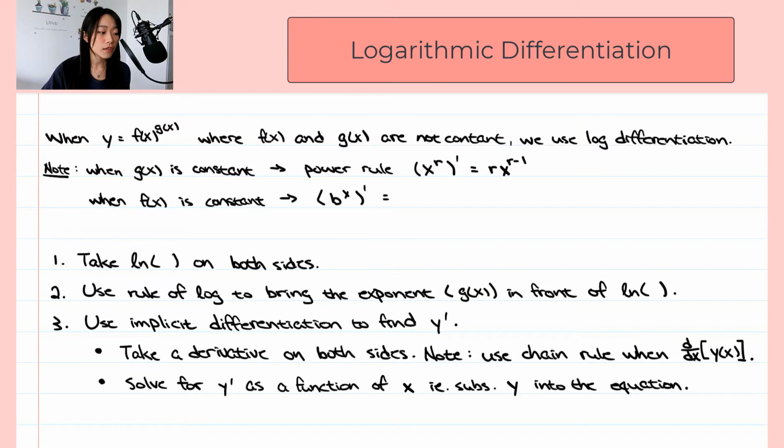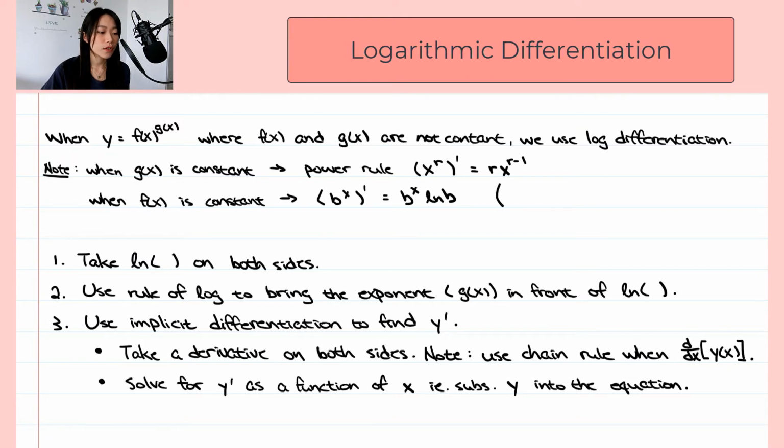And if the base of the exponent is constant, this is similar to the exponential function that we derived in the last video. But instead of e in the base, now we have any constant b. This derivative equals b to the power of x times ln of b.